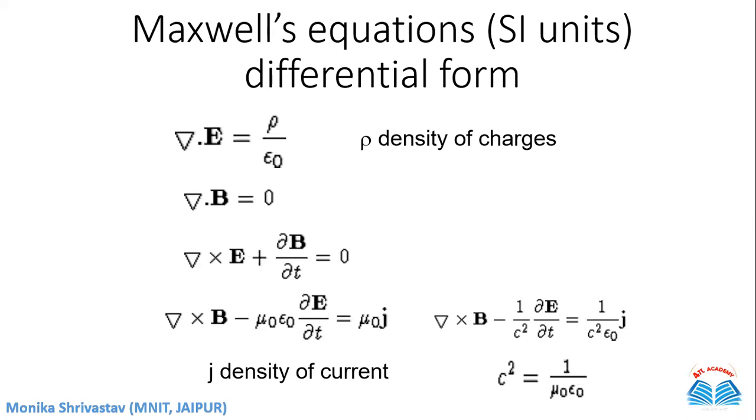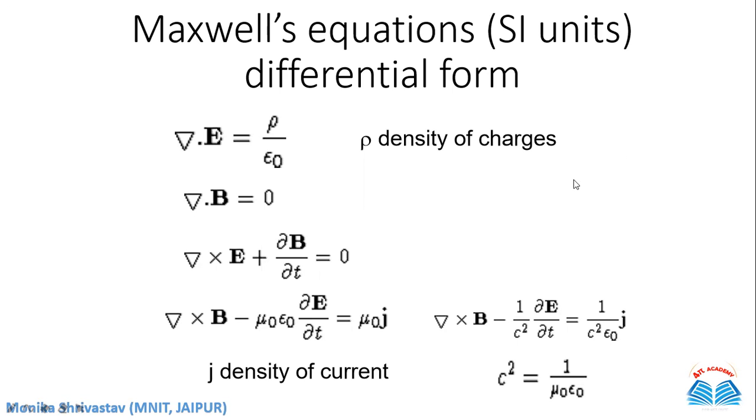Del cross B minus mu naught epsilon naught del E over del t equals mu naught J. The last equation can also be written as del cross B minus 1 upon c squared del E over del t equals 1 over c squared epsilon naught J. So we can conclude from the last equation that c squared equals 1 upon mu naught epsilon naught. This is the standard notation.